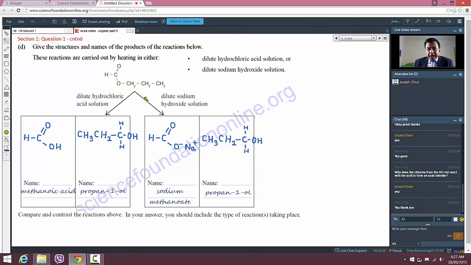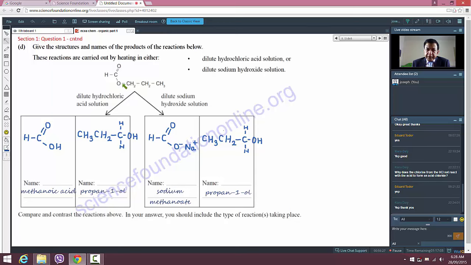Both the reactions involve hydrolysis of the ester linkage. That's what is in common to both of them. And in both cases, propan-1-ol is the alcohol that is produced.